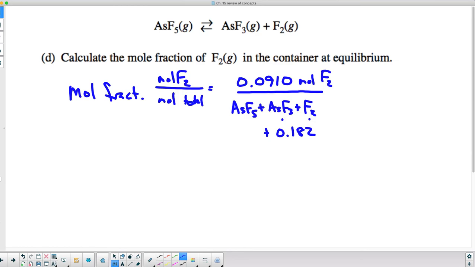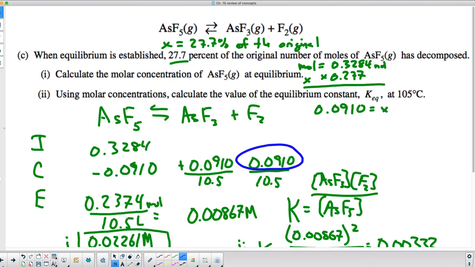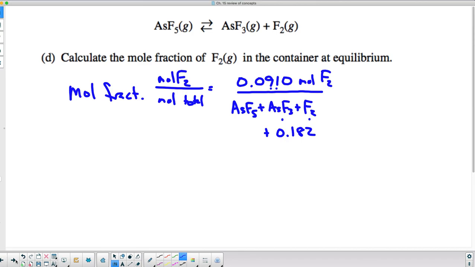All I did was take this number here times 2. And then let me jump back one more place to get the number of moles, 0.2374, plus 0.182, plus 0.0910. So the whole thing equals 0.419. Okay, so that's the moles total.